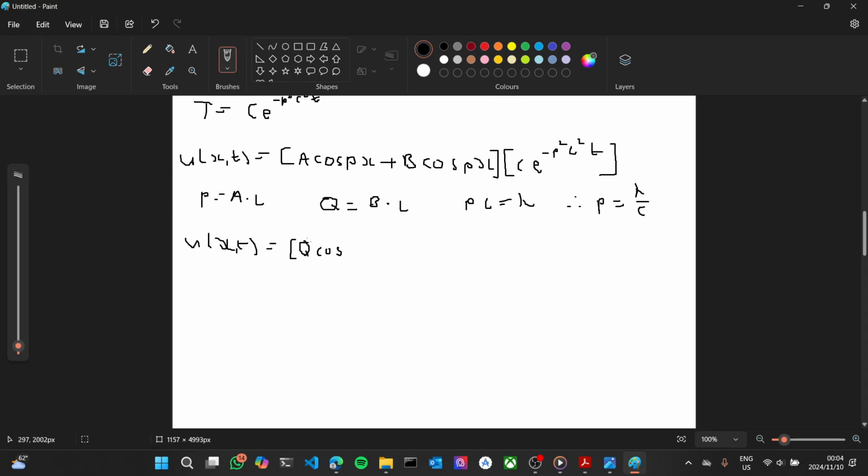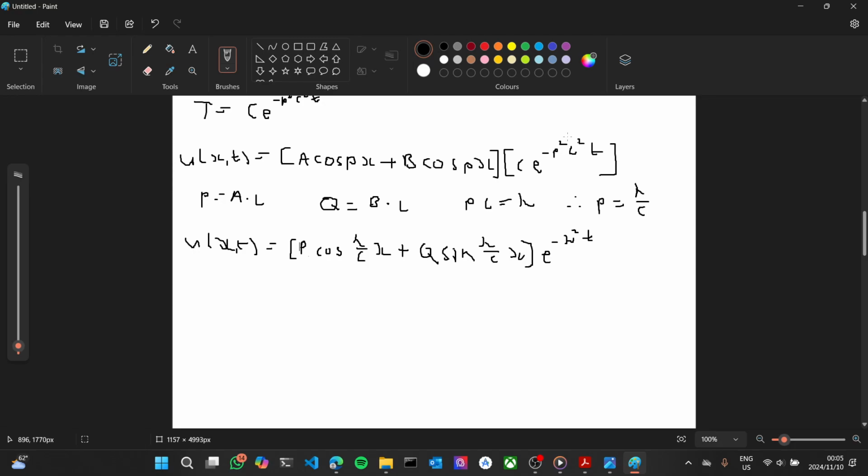Okay, it's P. Alright, so yeah, substitute this now in for P. So it's lambda over C times X plus Q sine lambda over C X. Okay, and then you've got e to the minus lambda squared T, right?